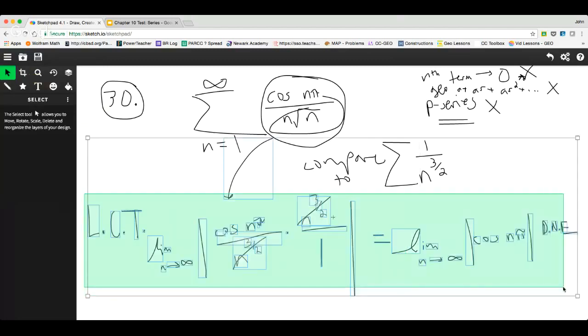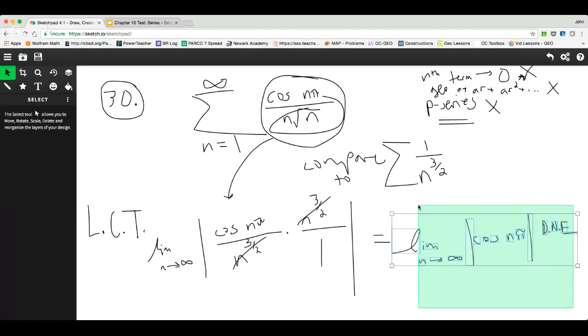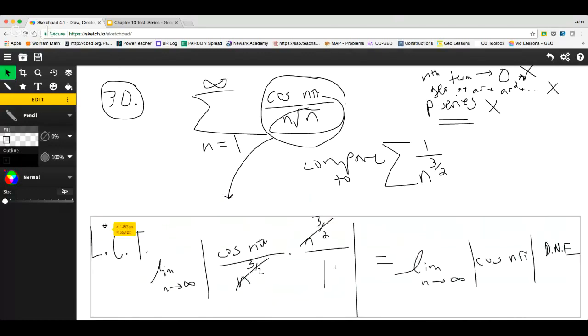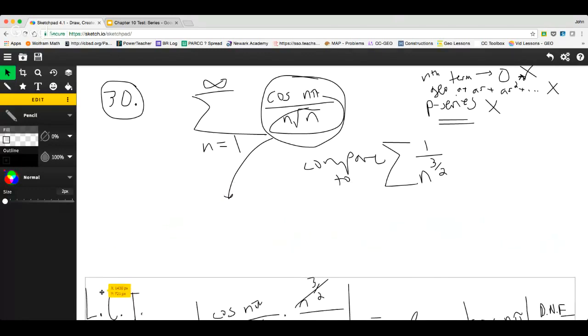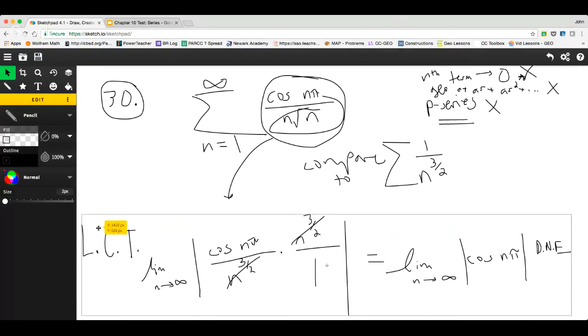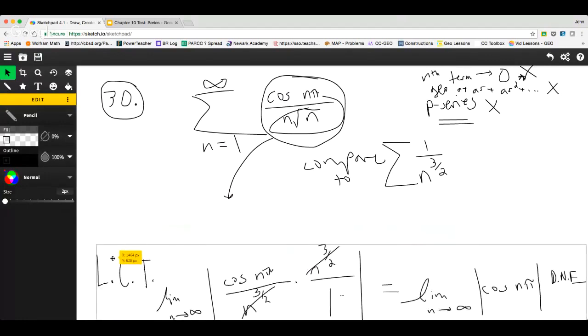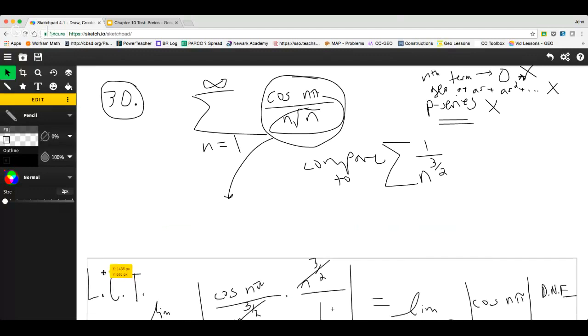So that limit comparison did not help us, but perhaps the direct comparison will help us. If the limit tends to infinity, or if it goes to 0, that's one thing, but here it just flat out does not exist because it goes from -1 to 1.